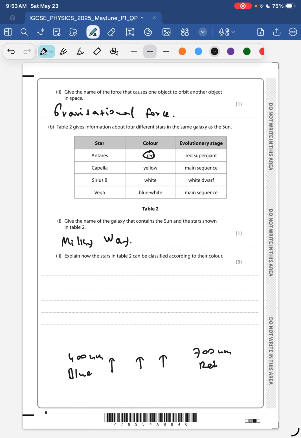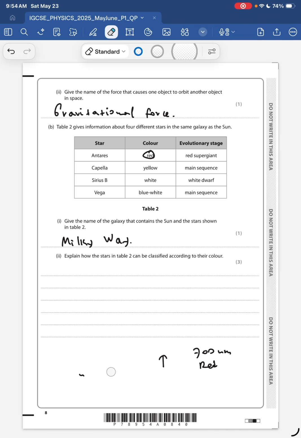So the red star will be the coolest, pretty much, and the blue-white star Vega will be the hottest. Okay, and in your book, from what I checked, you actually learn about the various classes O, A, B, whatever of stars. I think this is not what they ask here, and let me actually check the mark scheme.